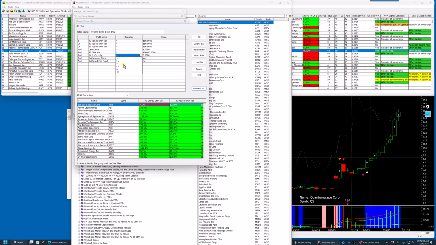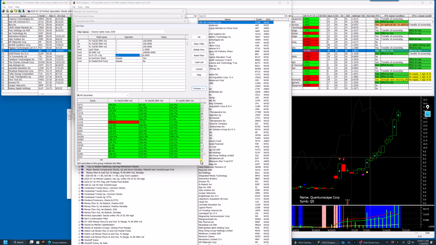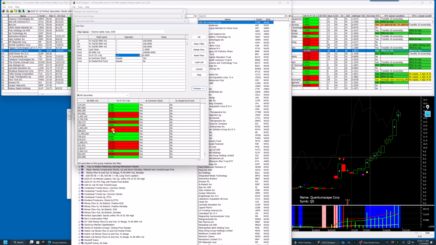So it makes a big difference, but what it allows us to look at is stocks that have big volume moves. They're down, but they may be down just a little bit here. Some of them are down quite a bit, but just a little bit, and then they may turn around the next day. So I think I'm going to go back.